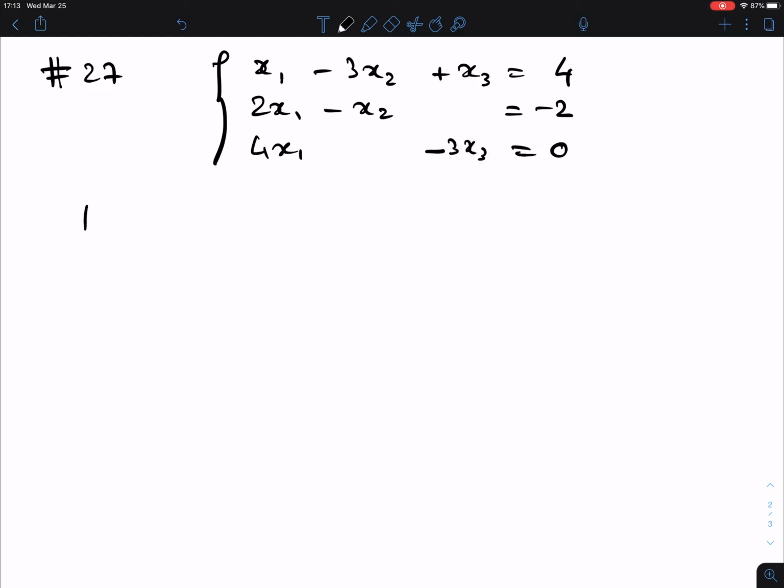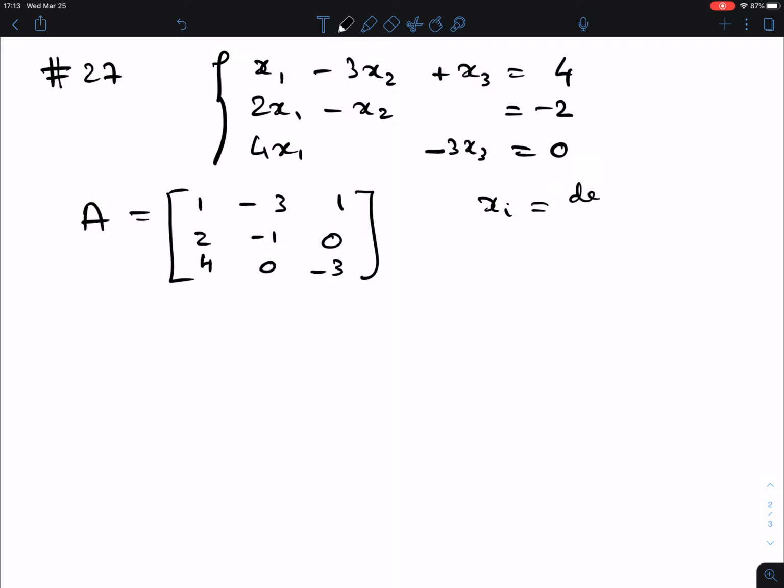So the matrix that we have, the matrix A, is the matrix 1, negative 3, 1, 2, negative 1, 0, 4, 0, negative 3. Okay? And in this method, we know that xi, the solution, is given by the determinant of Ai divided by the determinant of A itself.